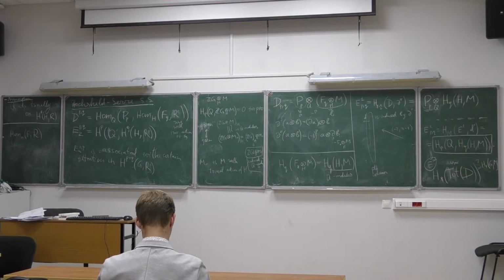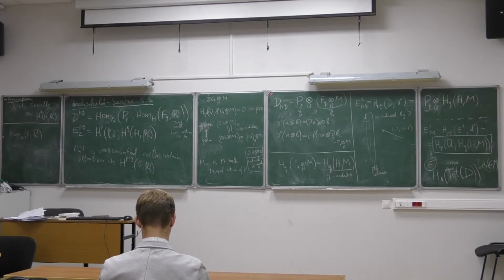Okay, if we have untwisted coefficients which form a ring, then we get multiplication in this cochain complex, which satisfies the Leibniz rule, and so we have good multiplication in cohomology.